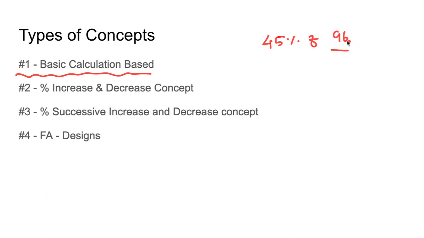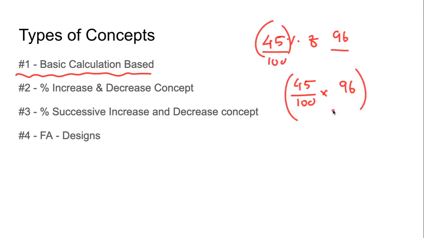So straight away we have to calculate 45 percent of 96. We can do it this way: 45 by 100, percent meaning 45 out of 100, multiplied with 96. You will get the answer. This is the straightforward mathematical representation of this. There are multiple ways with which we can calculate this very easily using our mind.